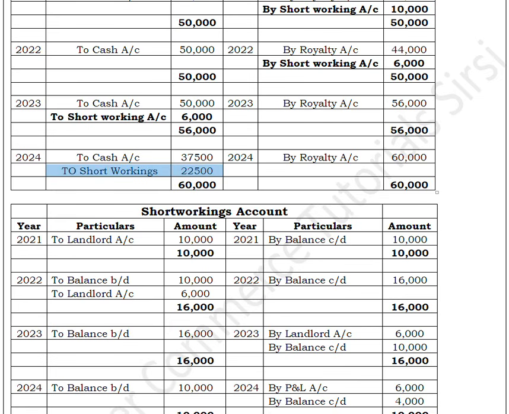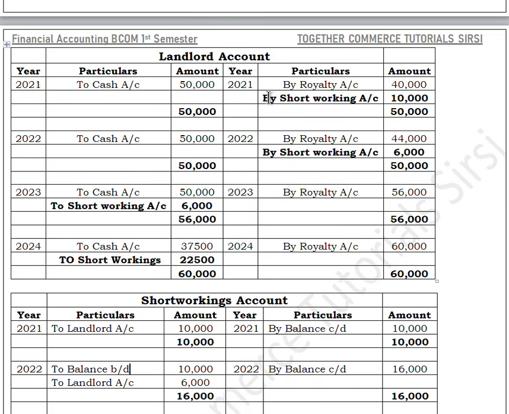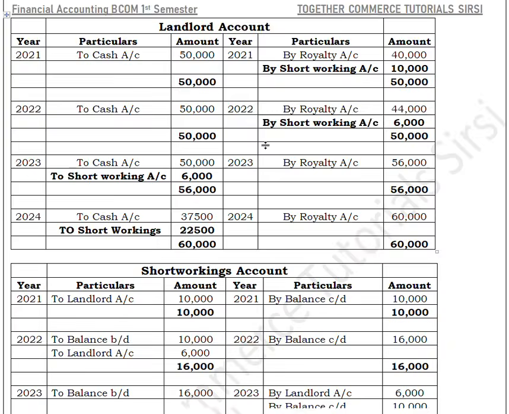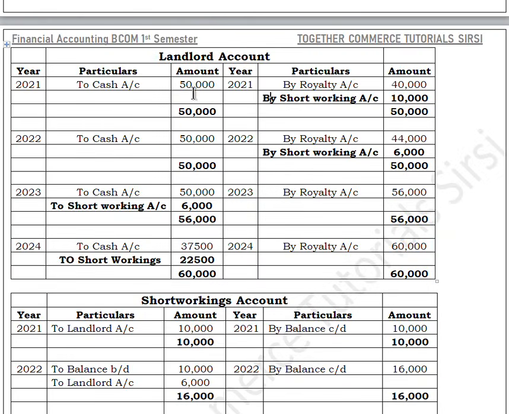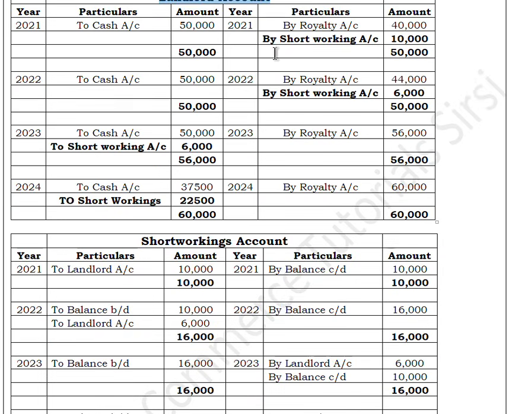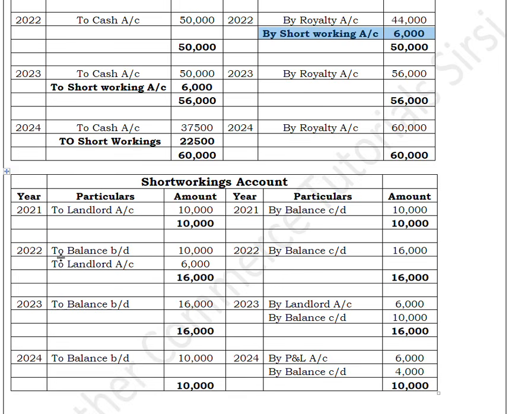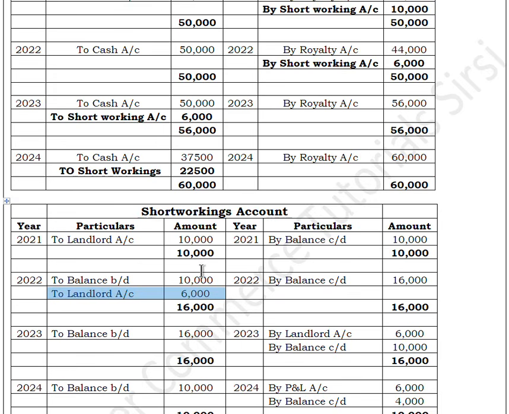You should take all these entries and put them in the next account, that is here. By Short Workings will become To Landlord because it is coming from the landlord account, right? So this By Short Workings 10,000 will be coming for the first year, that is To Landlord 10,000. Second entry, By Short Workings 6,000 second year, so To Landlord 6,000.